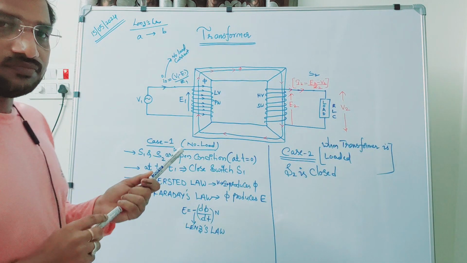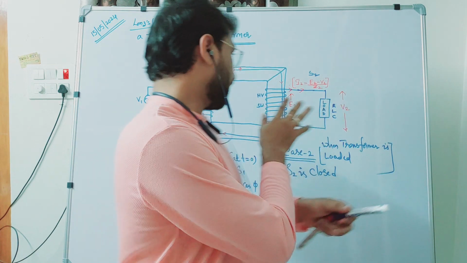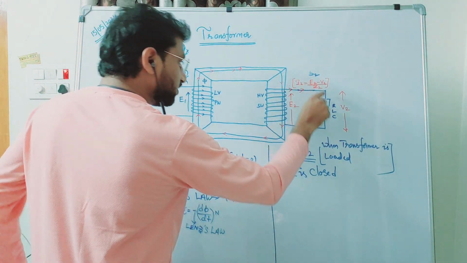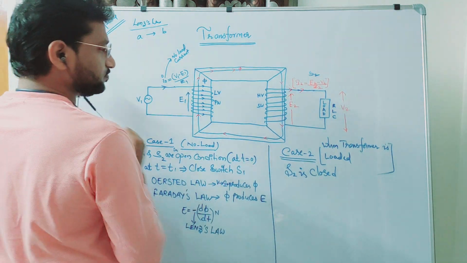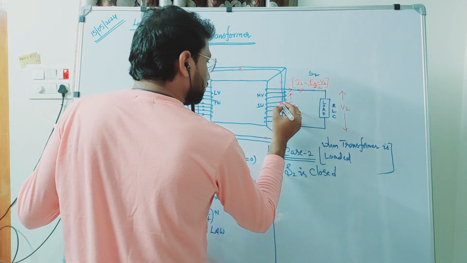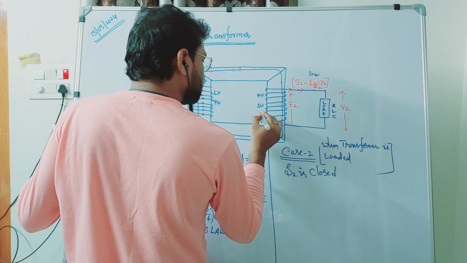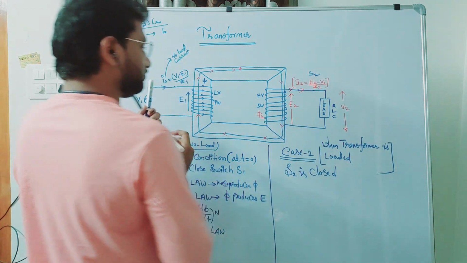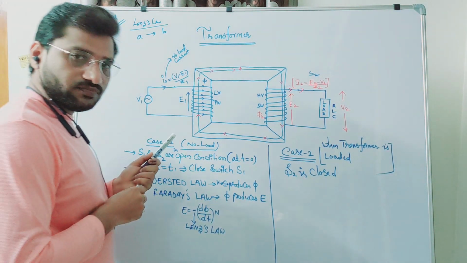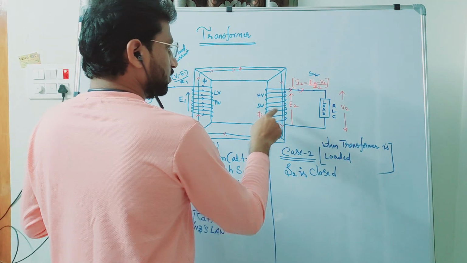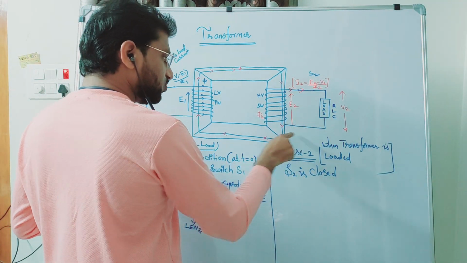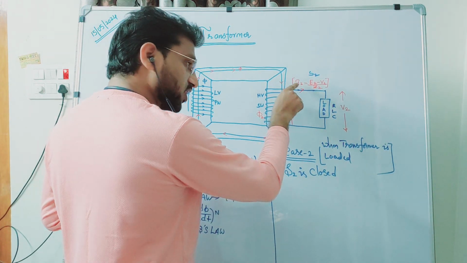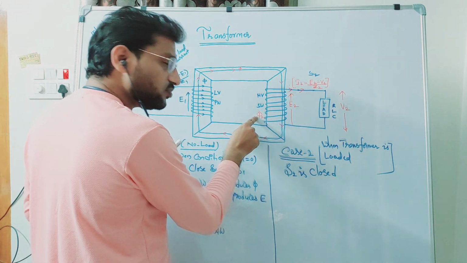Okay, so here what is happening? Now I2 started flowing here. Now this I2 will produce some flux here. Let me take it as phi 2. This current is going to produce phi 2. First I2, then phi 2.